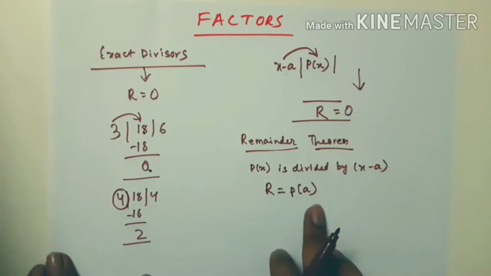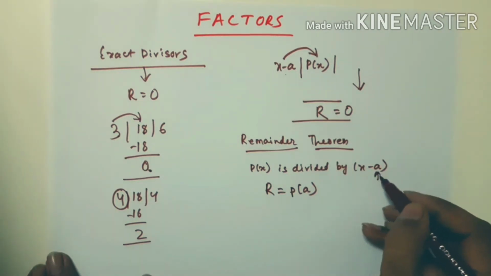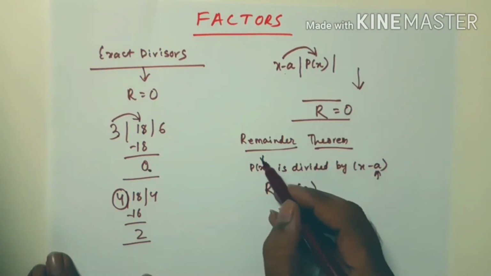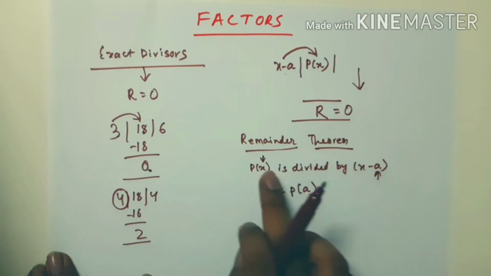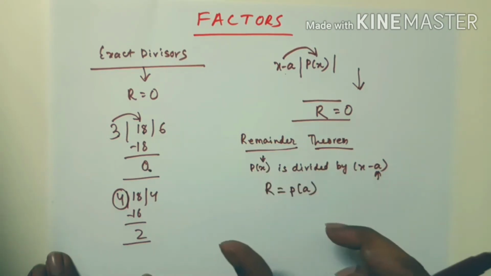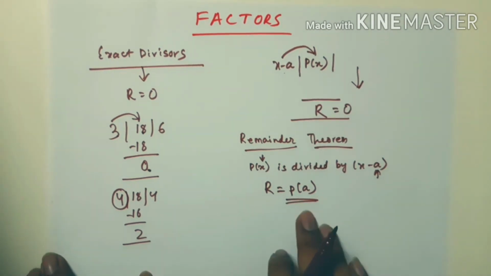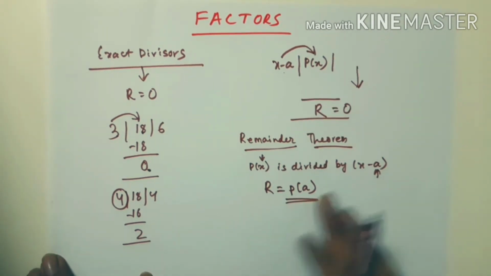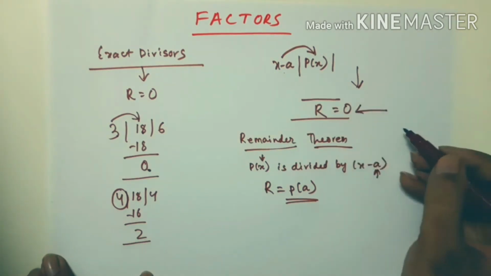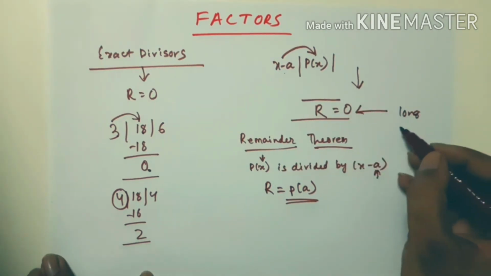Now what is this p of a? If this value a we put here in place of x, then whatever answer we get, that is the remainder. So this is the remainder theorem. By this theorem we can find out the remainder directly without long division.